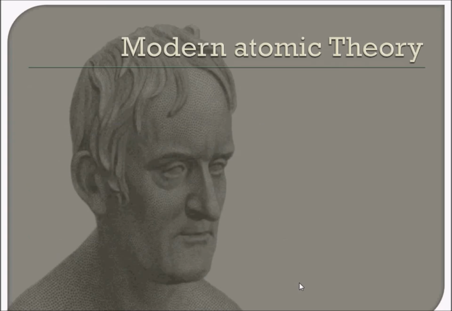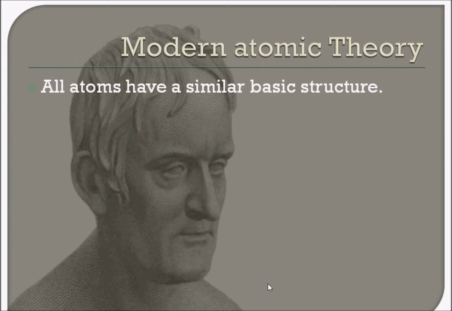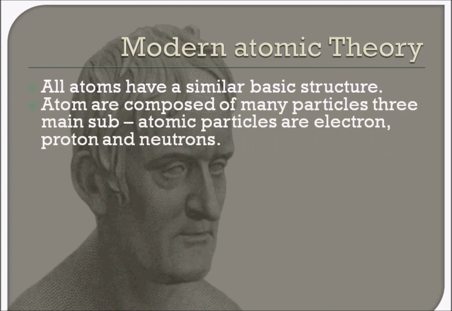So let's come to the modern atomic theory, which gives a broader view of atomic theories. It says all atoms have a similar basic structure, that is, they have subatomic particles. We call them electron, proton, and neutron. Secondly, it says an atom is composed of many particles, that are electron, proton, and neutron, which I have already told you.